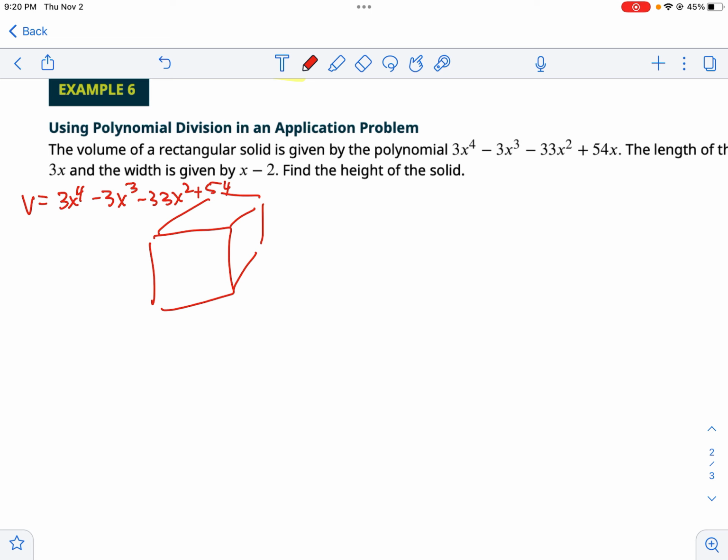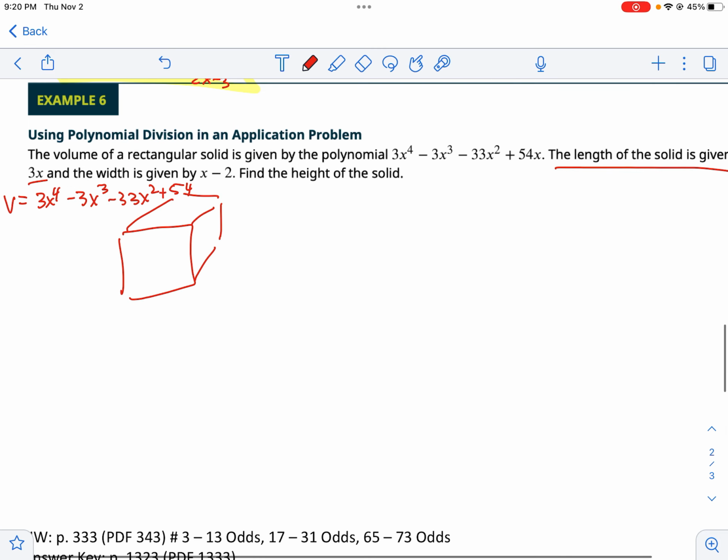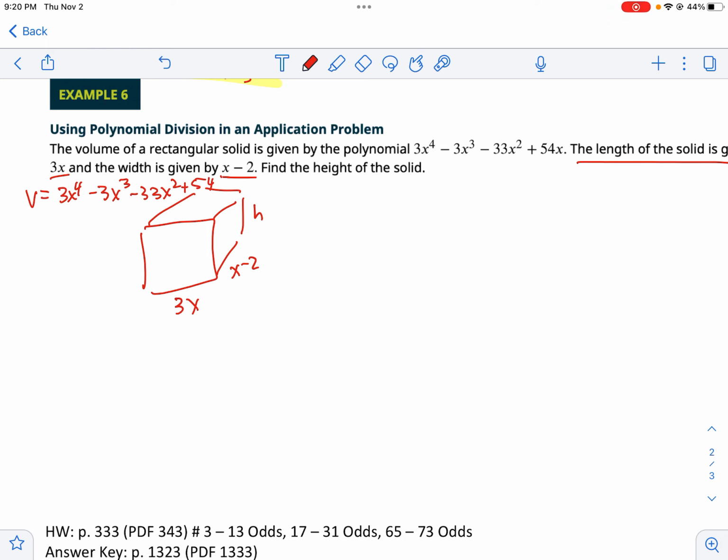That's the volume. The length is 3x, so let's say this is the length. And the width is x minus 2. Find the height. So a couple things you need to know. Remember, the volume is length times width times height.